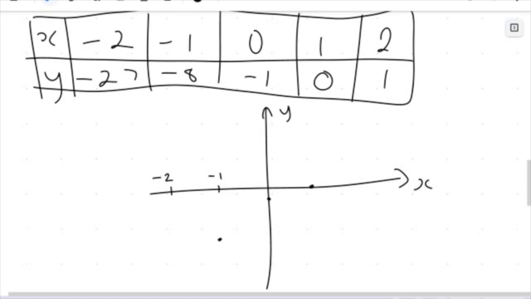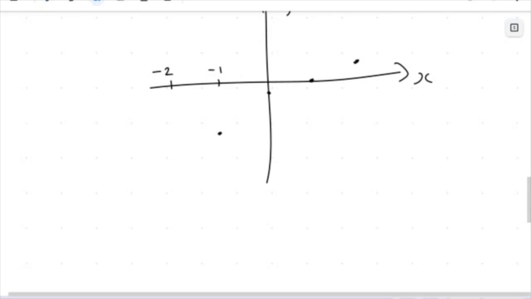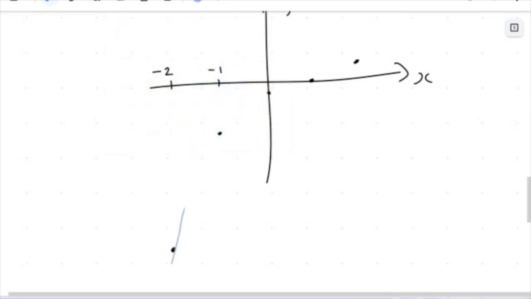And when x is 2, y equals 1. So that's about there. Okay, so let's look at what's going on here. Let's make this even lower just to make it nice and obvious. And now I can see here, as I draw this up, my point of inflection ends up right here.